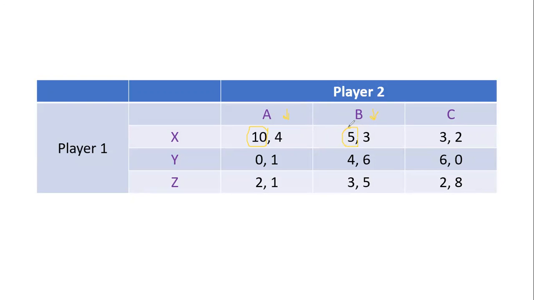If strategy X is still optimal, then we can say that X is the dominant strategy for player 1. In case player 2 plays C, player 1's optimal choice should be playing Y because that gives him the highest outcome, or payoff.